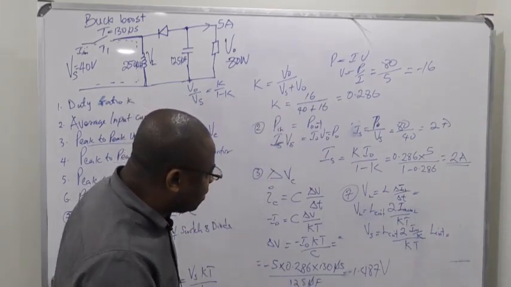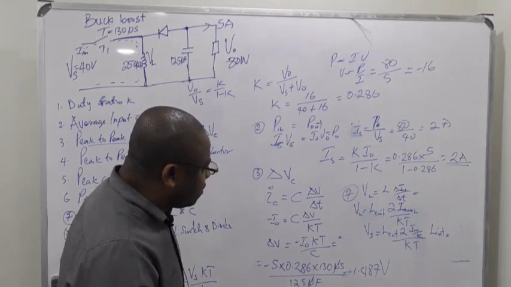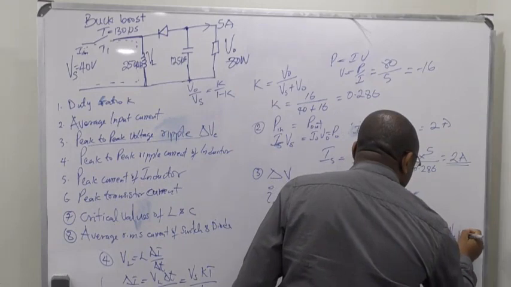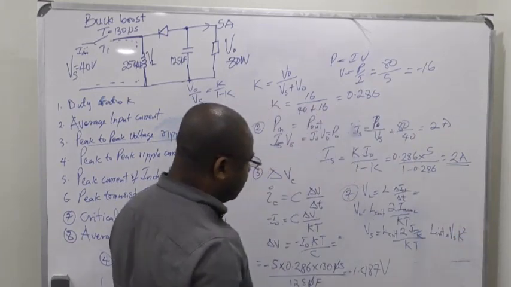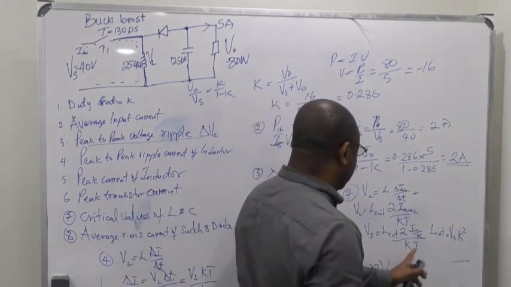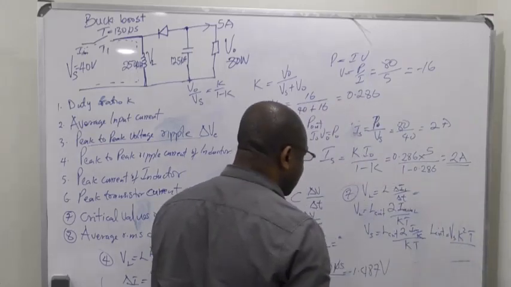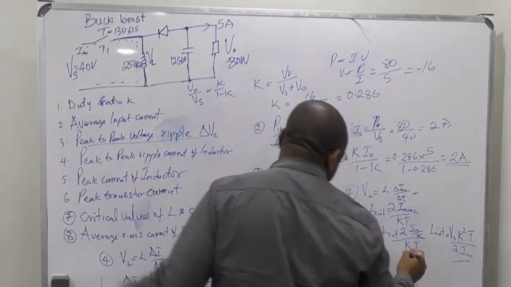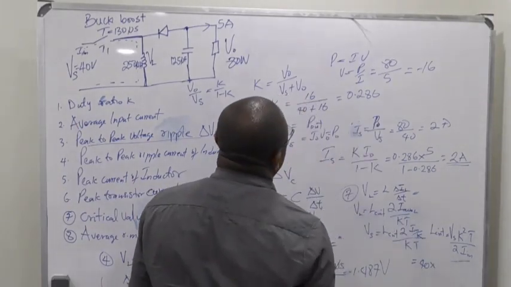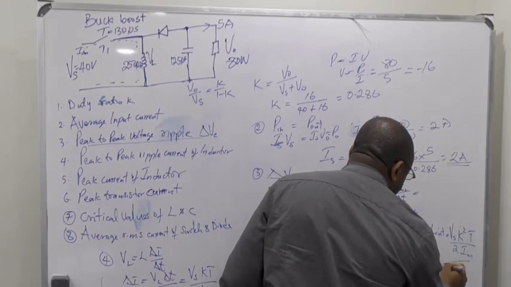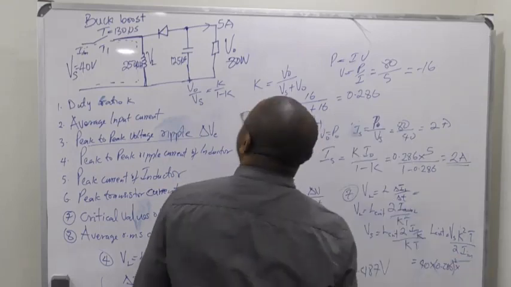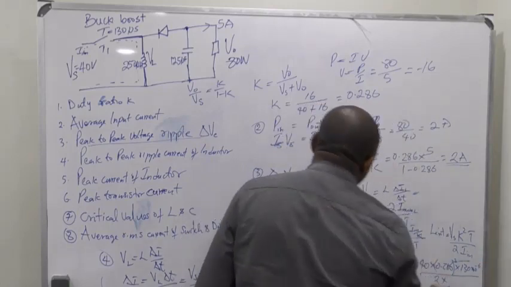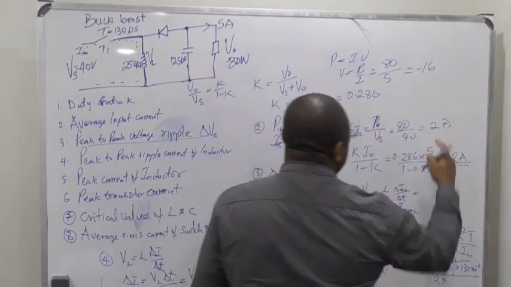So now, to calculate L critical, let's just substitute the values and make L critical the subject. It will be VS K squared T divided by 2 I in, where VS is 40, K is 0.286 times 130 microseconds, divided by 2 times I in, and our I in is 2.